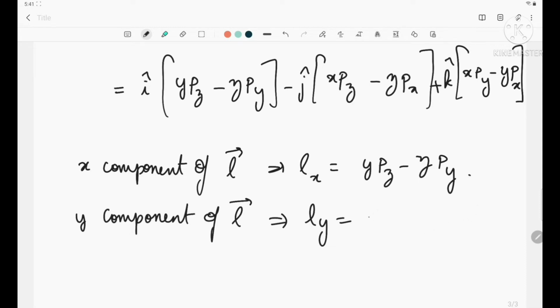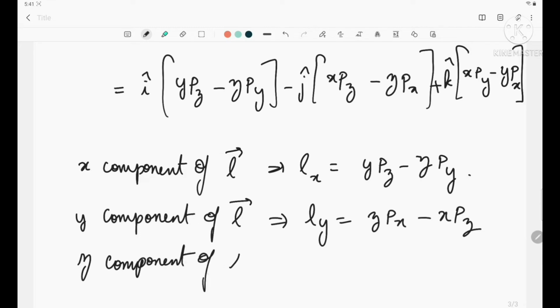So I can rewrite this as z px minus x pz. Okay, and the z component of L vector will be Lz, which is x py minus y px. So this is the answer.